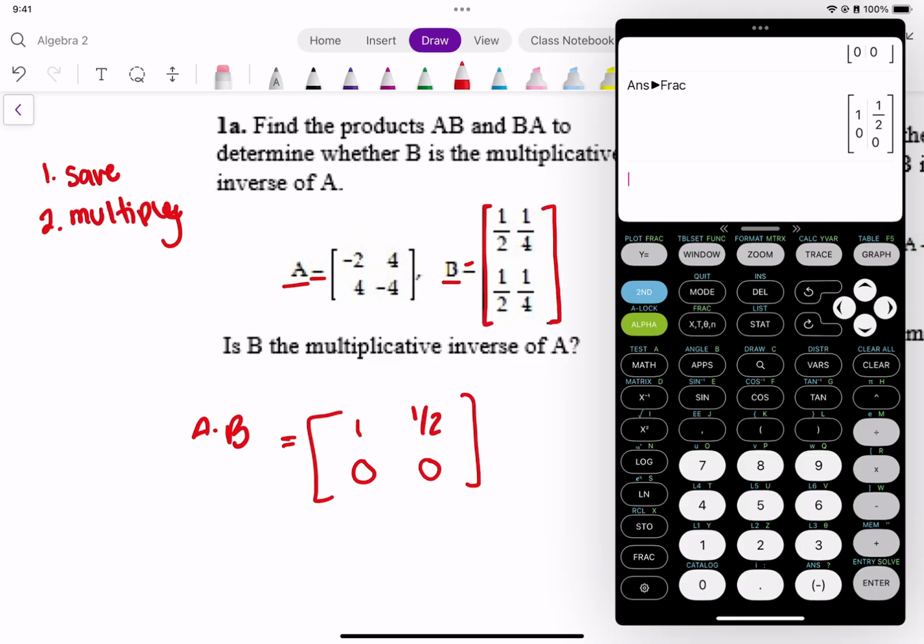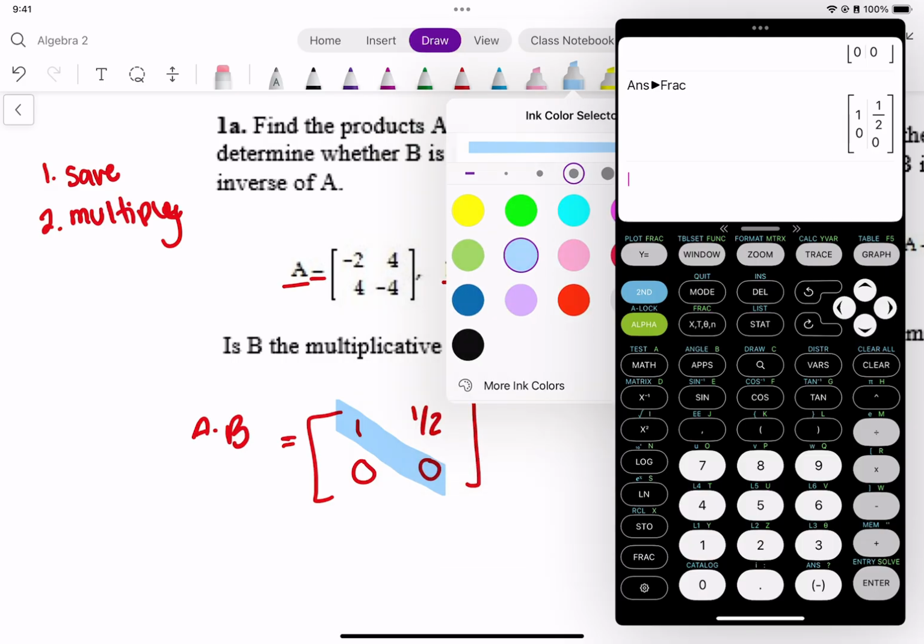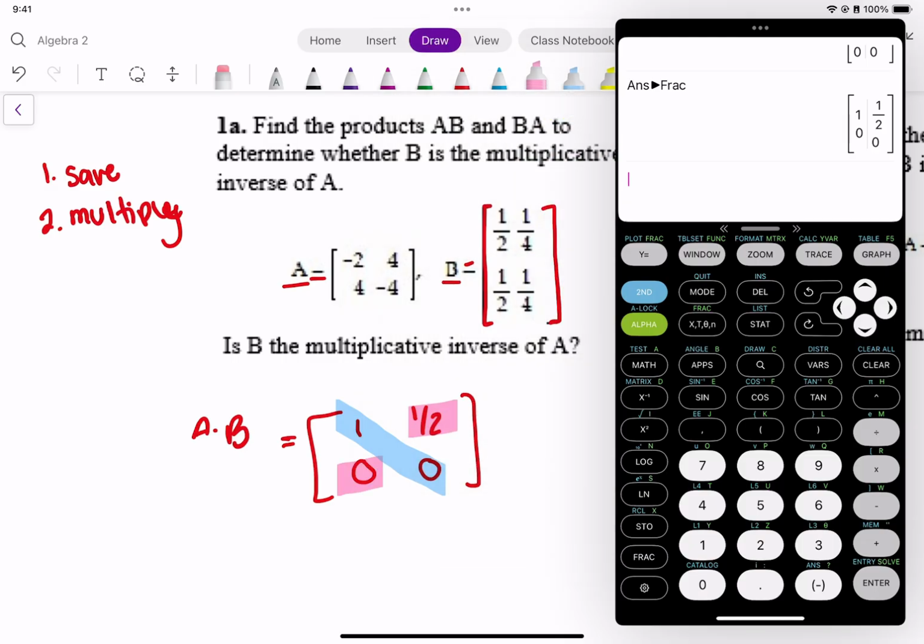Okay, so again, in order for these to be multiplicative inverses of each other, we need to make sure that we have the correct format. That format means we have ones on diagonals and everything else is filled in with zeros. We notice that this does not happen, so automatically we know that A and B are not multiplicative inverses of each other. So we can go ahead and answer that right away.